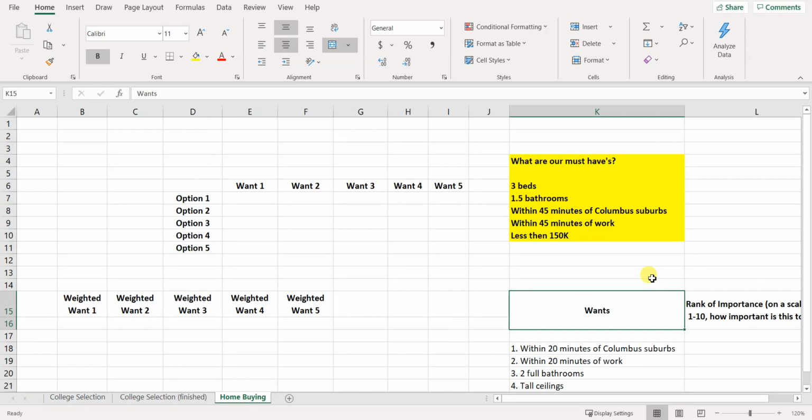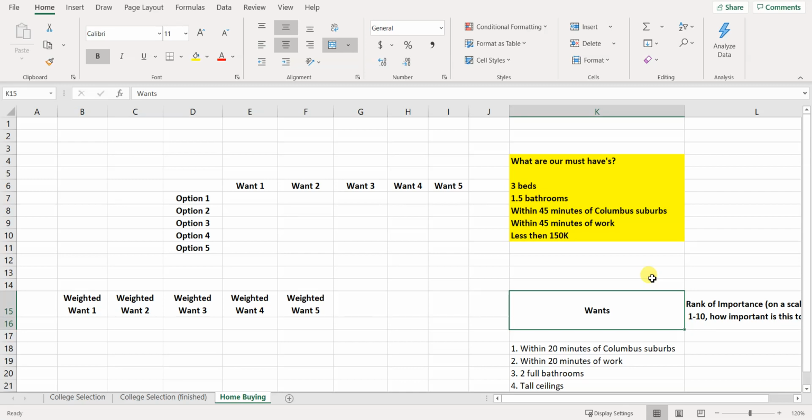If your gut is not giving you the answer, if you're torn between 2 or 3 different options and you're having trouble, this might be a way to say, hey, after looking at it from this perspective, even though I'm not an analytical person, I realize that this overall is what I want, because it really meets all my needs, and it meets more of my wants than anything else.